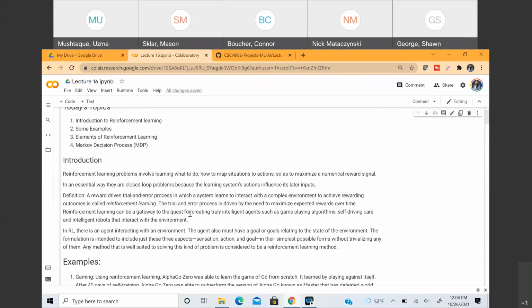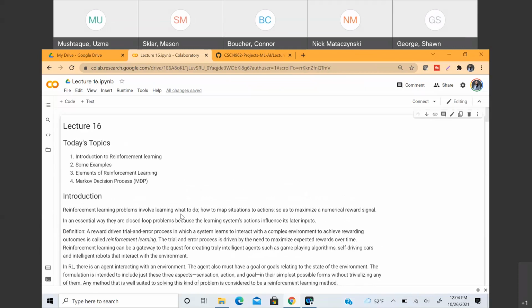Based on that, the agent is taking some actions, or interacting in some ways with the environment. It's trying to take the best course of action to maximize its goal, whatever that goal is. So the fact that it's known as a closed loop process is because of something like this.